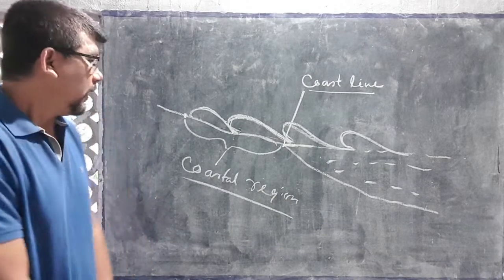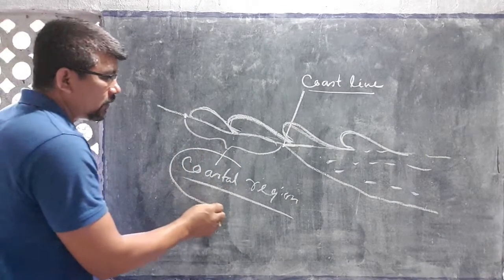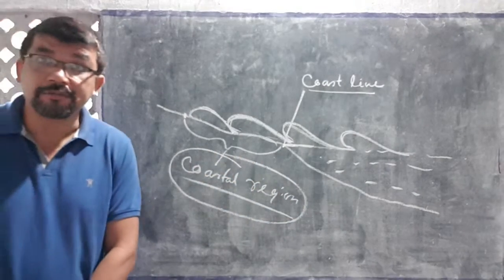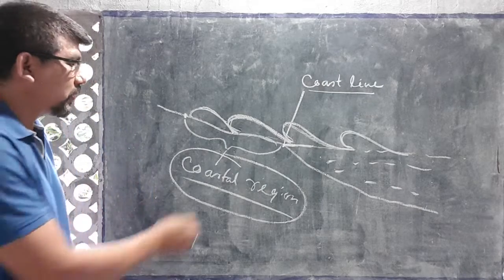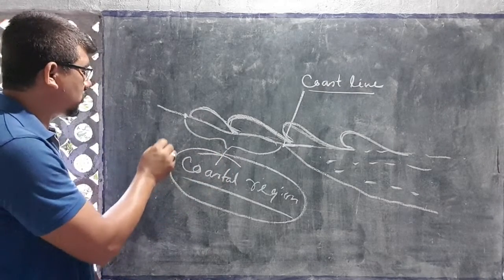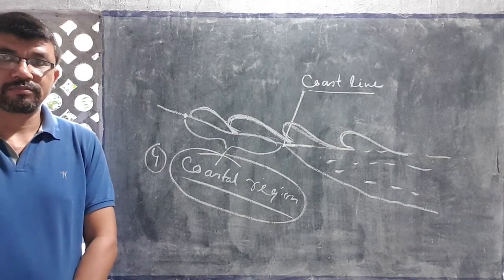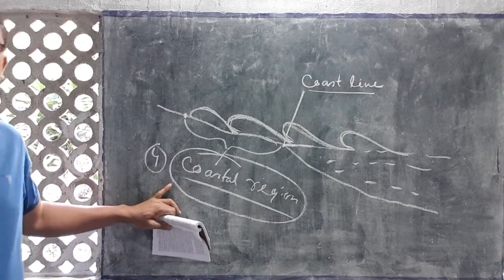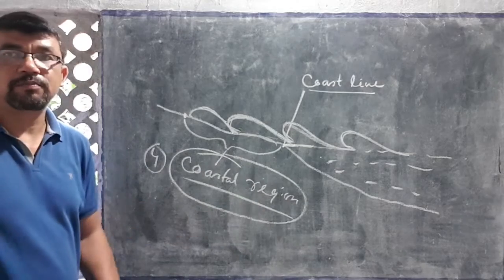So now, in our country, there is a physical division which is known as the coastal region. It is the fourth physical division according to your book. So now we are going to discuss the coastal region of India.